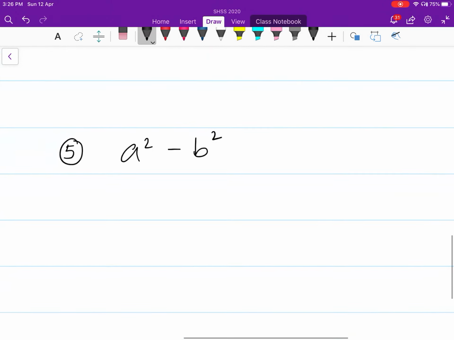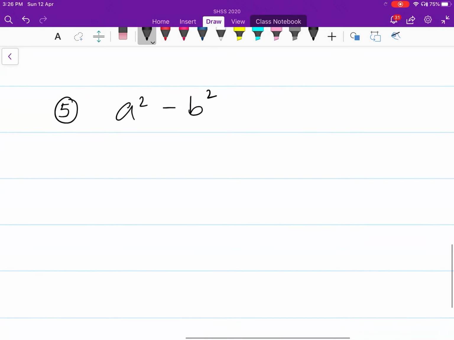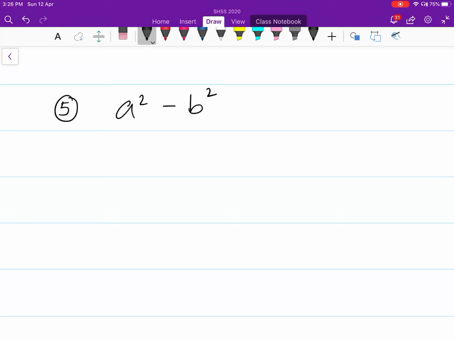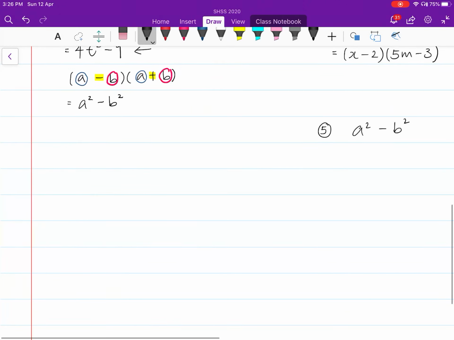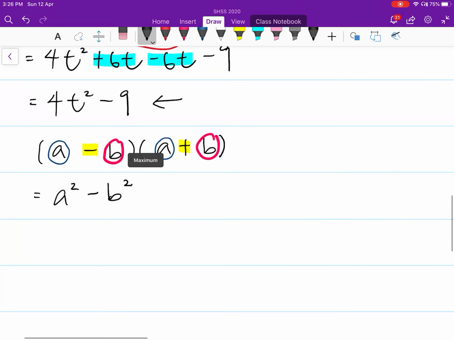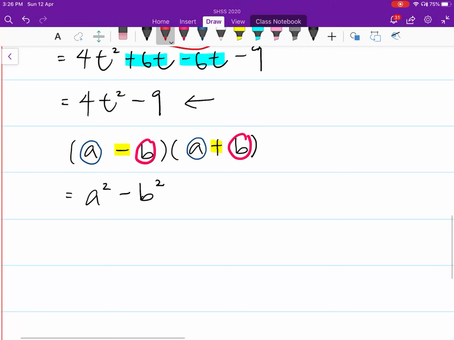The last type of factorization, which probably is the weakest among all of you, will be a square minus b square. A square minus b square is the opposite of this type of expansion. Now, if you notice, from here to here is called expansion.